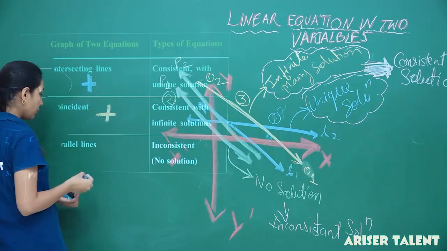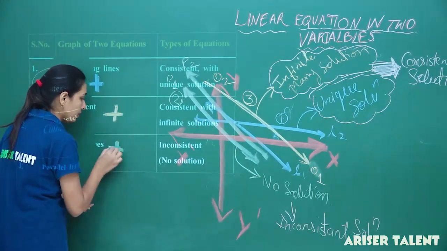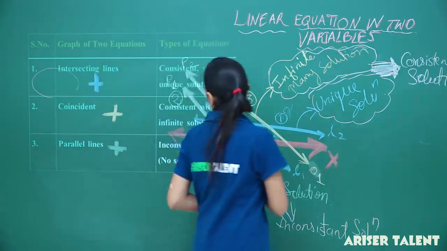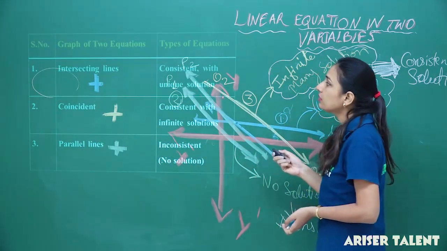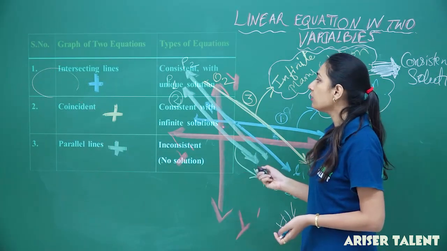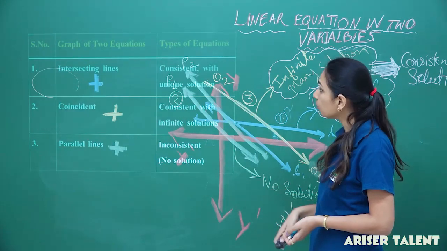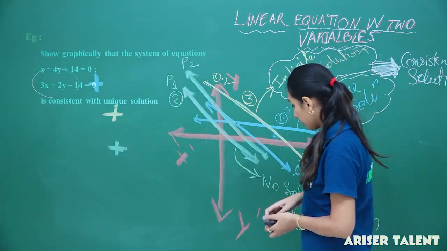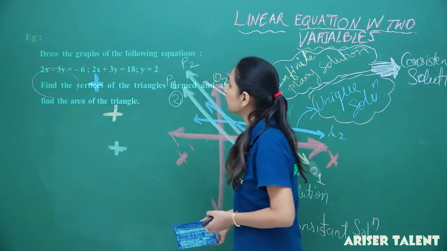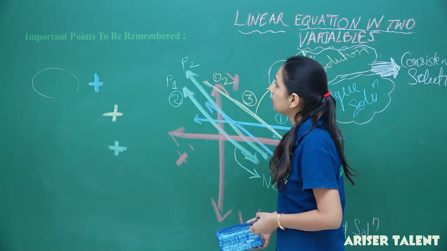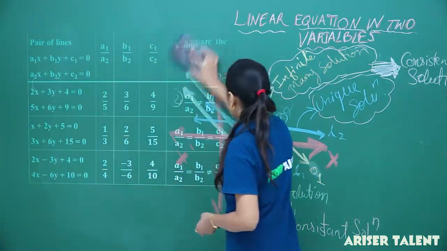And if I talk about the parallel lines, parallel lines are in this color. So in tabular form, intersecting lines are consistent with a unique solution, coincident lines are consistent with infinitely many solutions, and parallel lines are inconsistent with no solution. Okay, then we just talked about some questions here. Now I am rubbing this graph.